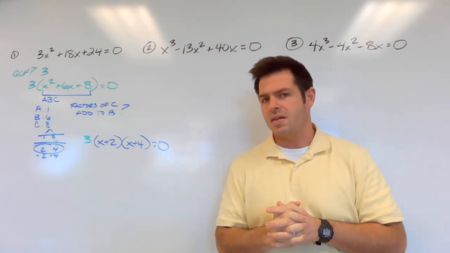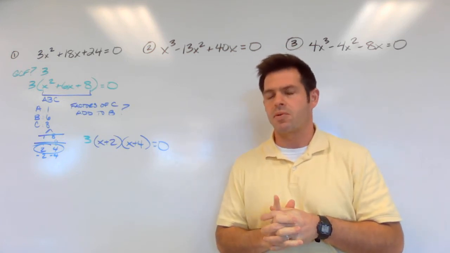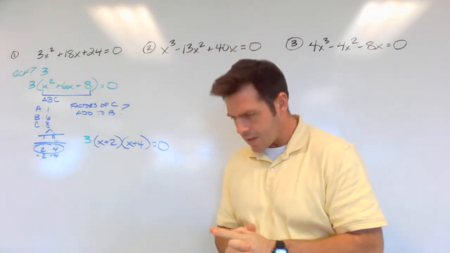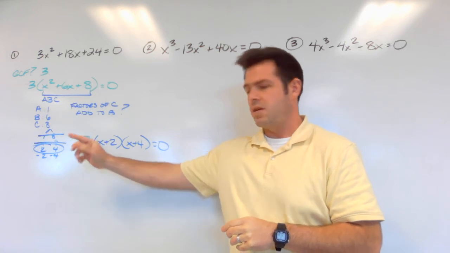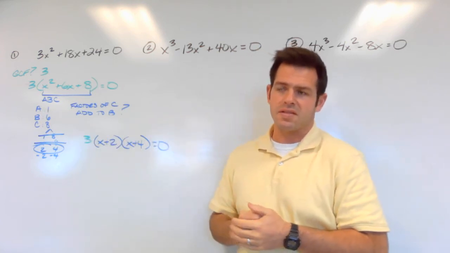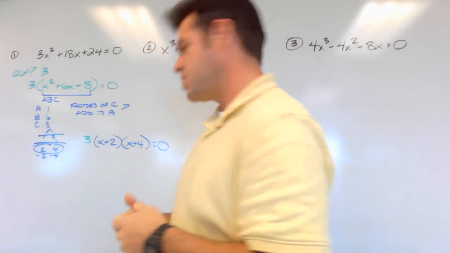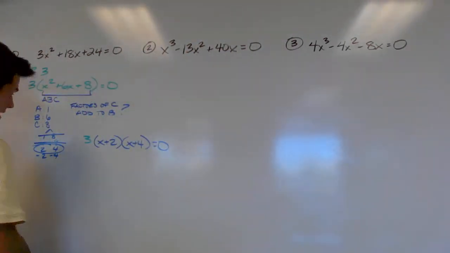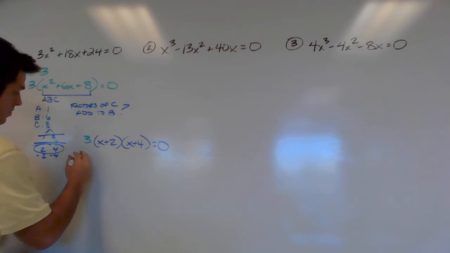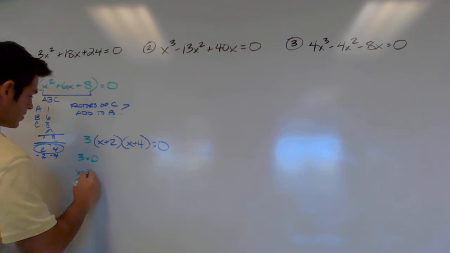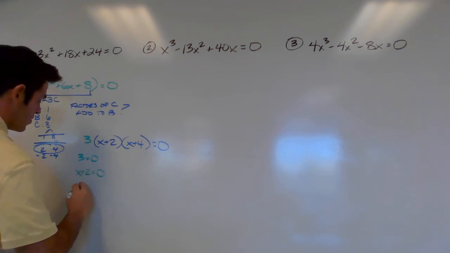We've got to understand that we're doing the zero product property with all the factors, which is a weird thought here because technically 3 is a factor. In fact, it's the greatest common factor for this. So when we do the zero product property, we're checking out each of these factors. 3 equal to 0, x plus 2 is equal to 0, and x plus 4 is equal to 0.